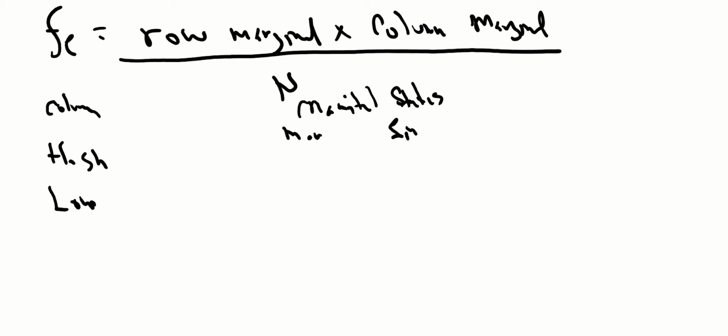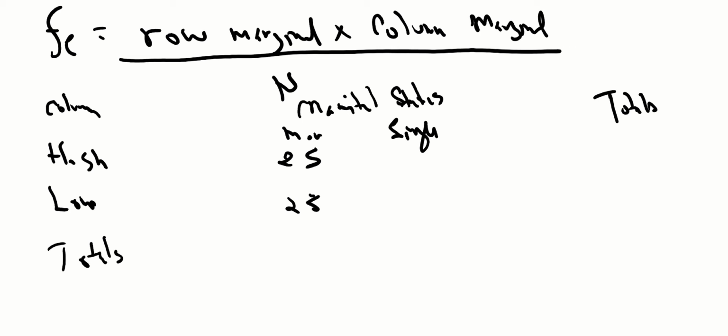Let's call it single, right? And then you have totals, right? And on the bottom you have totals, right? So for married, there is 25, which gives us a total of 50. And for unmarried, the same thing, 25, and gives us a total of 50.